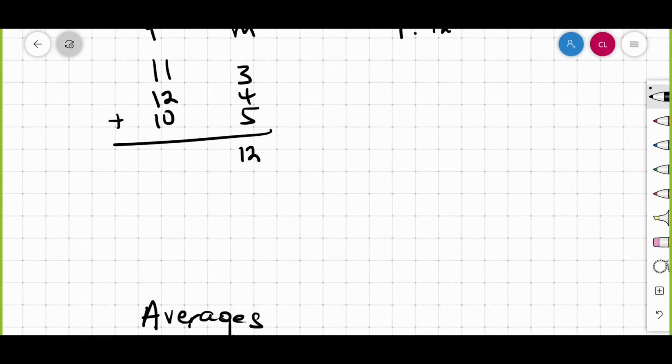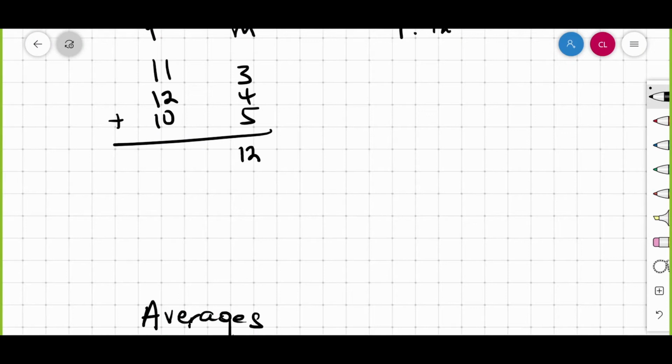So 12 months would be the same as what? 1 year. So I'm going to take this 12, change it into 1 year. I have no months. I'm going to carry that 1 year to this side.